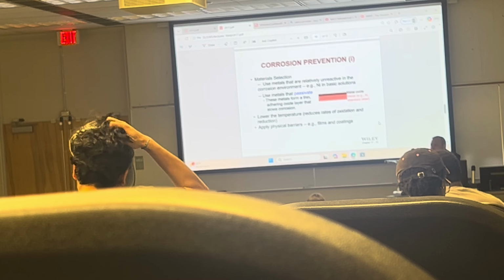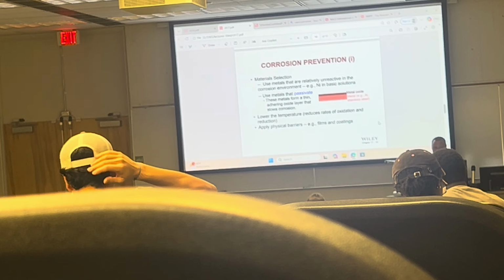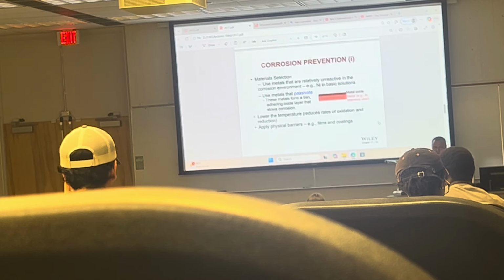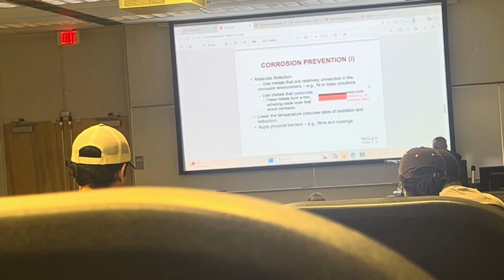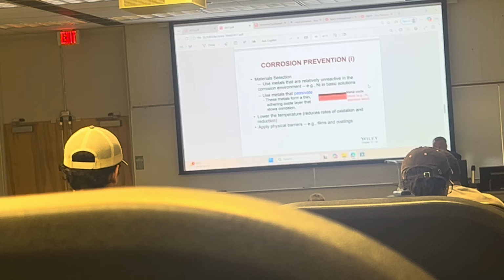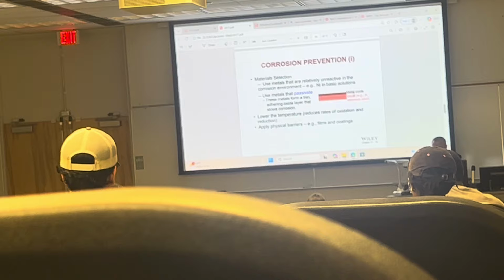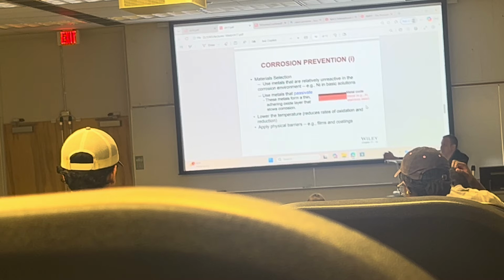Okay, how do we stop corrosion? One idea is to use a sacrificial metal, or a metal that is not going to corrode, like passive. The word is passive or passivation. It forms a very small layer, like on aluminum or in stainless steel.